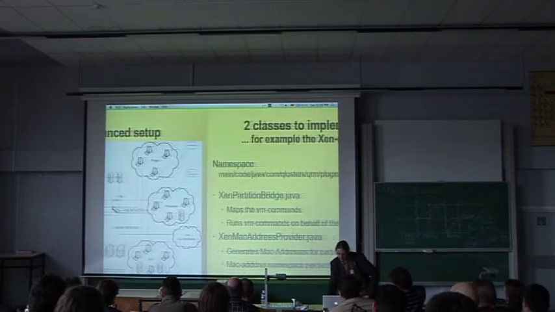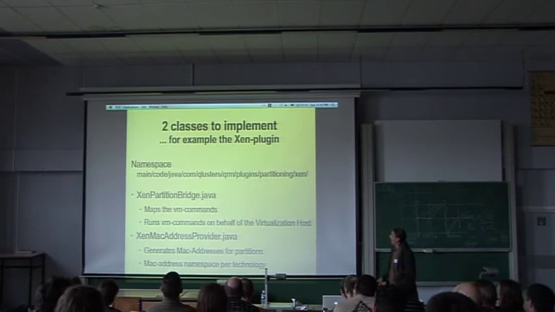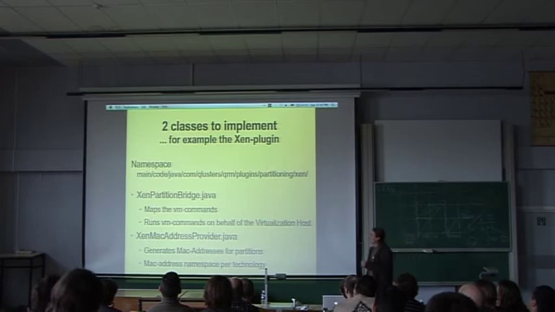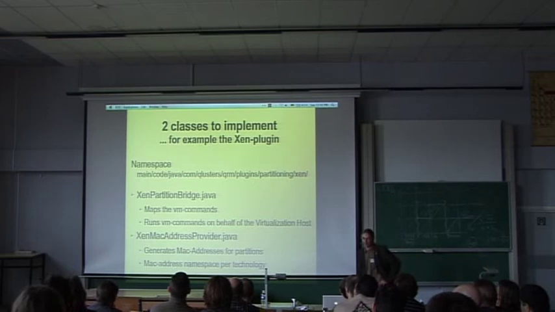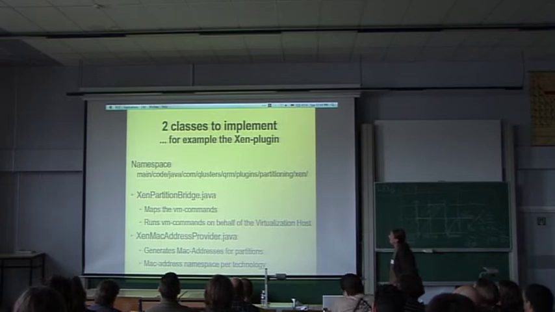Okay. So, since this is a developer conference, I would also like to give some overview about what needs to be done to implement a new virtualization type for openQRM. In general, there are just two classes to implement in Java. It's quite easy. For example, the Xen plugin code uses the namespace in the line above.